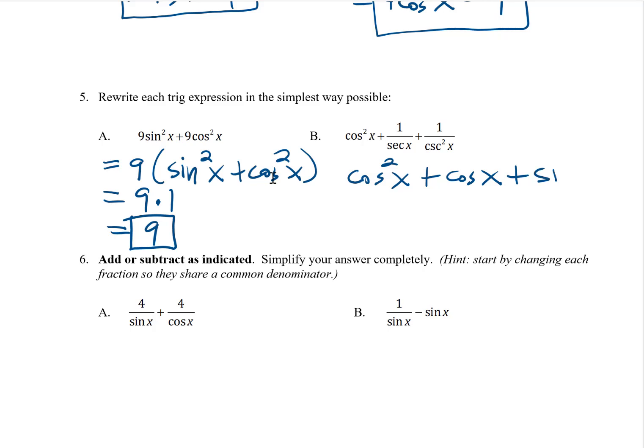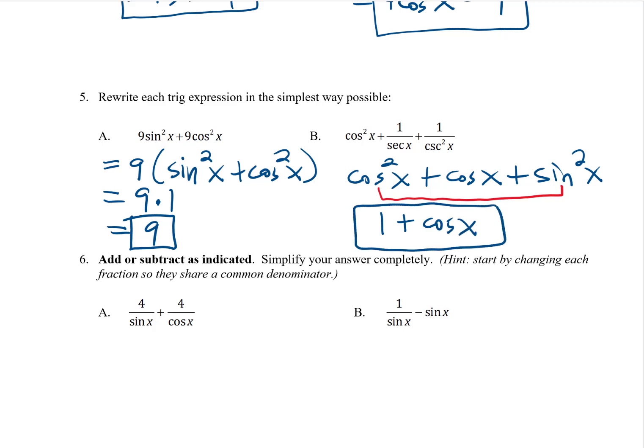I can just reciprocate that to the top and make it sine squared x. And as soon as I write this down, I see that this works out pretty nicely because I have a cosine squared x plus sine squared x. Cosine squared x plus sine squared x is 1 plus that other cosine x I had. This is as simple as I can write this expression, 1 plus cosine x.